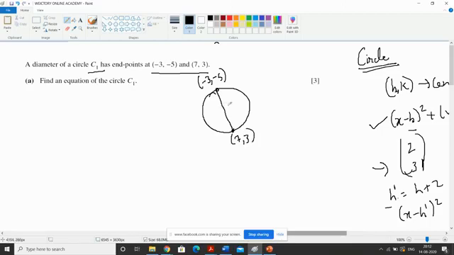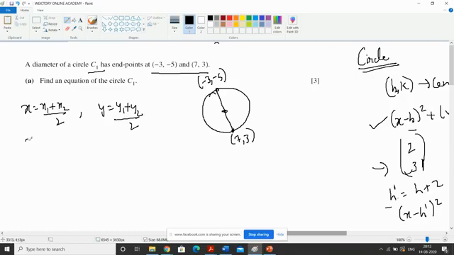Okay. So if these are the coordinates of the diameter, the midpoint will be the center of the circle, right? So let's use the midpoint formula. Midpoint formula, we know it's x is equal to x1 plus x2 over 2 and y is equal to y1 plus y2 over 2.